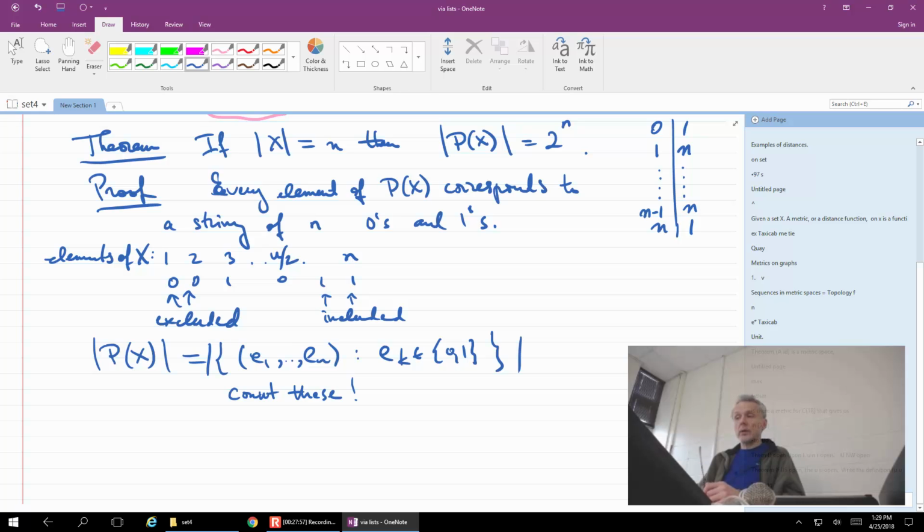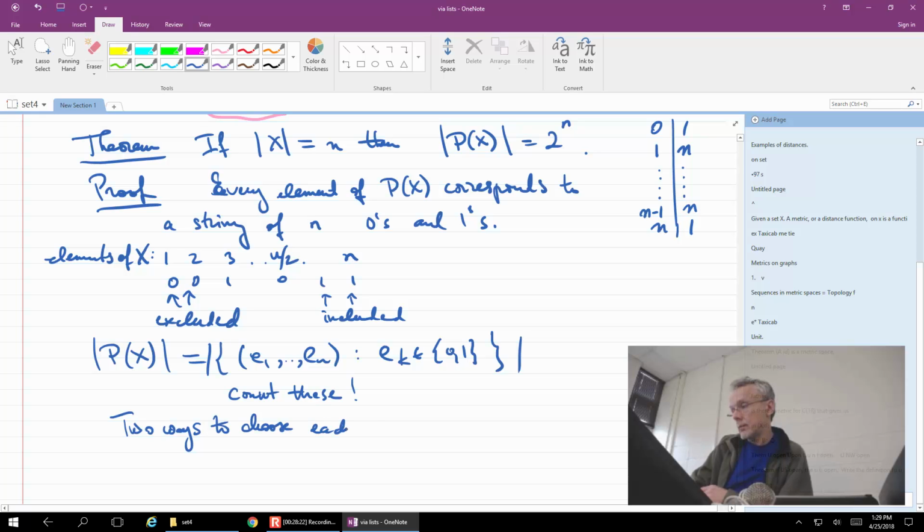You just choose one by one the number of ways you can choose each of these numbers. Okay, and how many ways can you choose every one of these numbers? 2 ways. So 2 ways to choose each of these.